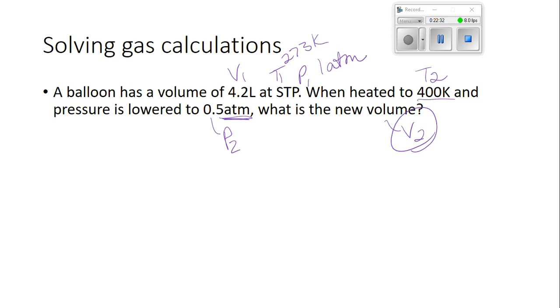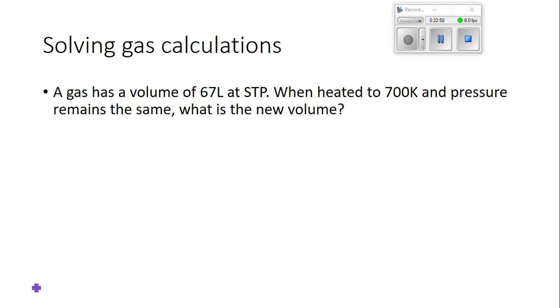All right, I am now at the point that I'm ready to plug everything into my formula. My formula is P1 V1 over T1 equals P2 V2 over T2. So now I'm ready to plug everything in.